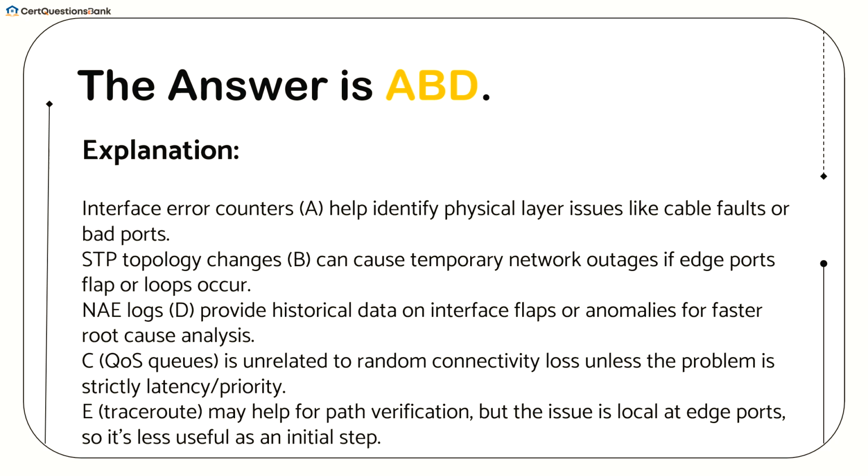NAE logs, D, provide historical data on interface flaps or anomalies for faster root cause analysis. C. CoS queues is unrelated to random connectivity loss unless the problem is strictly latency priority. E. Traceroute may help for path verification, but the issue is local at edge ports, so it's less useful as an initial step.